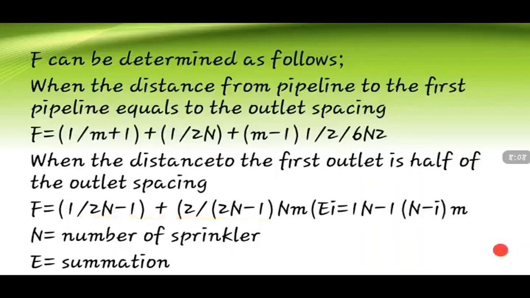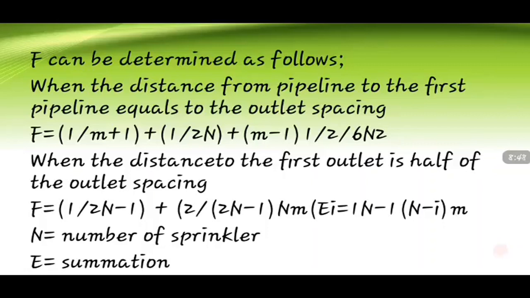When the distance from the pipeline to the first outlet equals the outlet spacing, this is the formula that we should use. It says that when the distance of every sprinkler is equal, to determine the friction loss, we will use this formula. The next is when the distance to the first outlet is half of the outlet spacing.